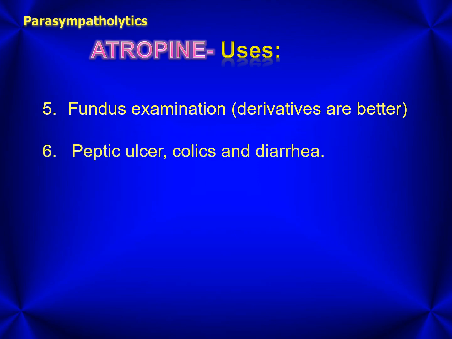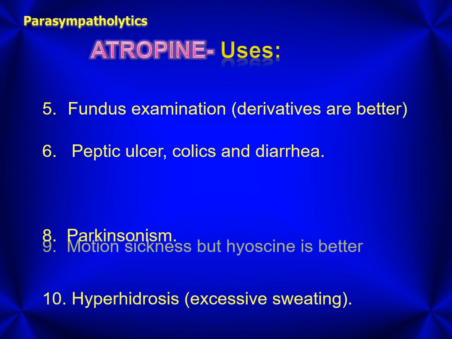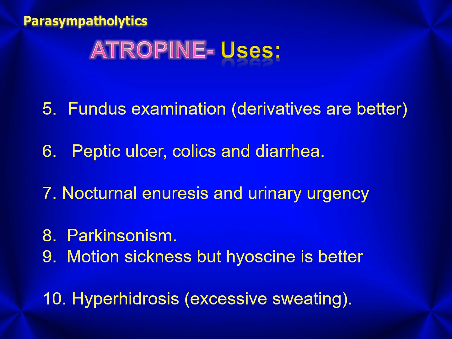In treatment of peptic ulcer, colics, and diarrhea. In nocturnal enuresis and urinary urgency to decrease frequency of micturition. Treatment of Parkinsonism. In motion sickness, but hyoscine is much better. And in excessive sweating, which is called hyperhidrosis, to decrease sweating.